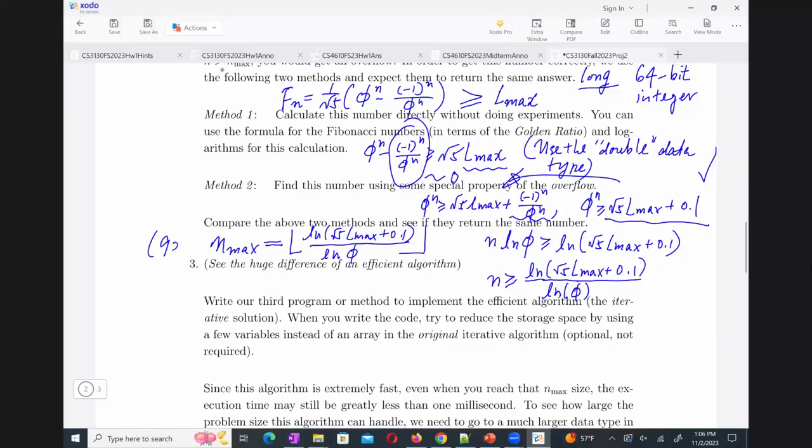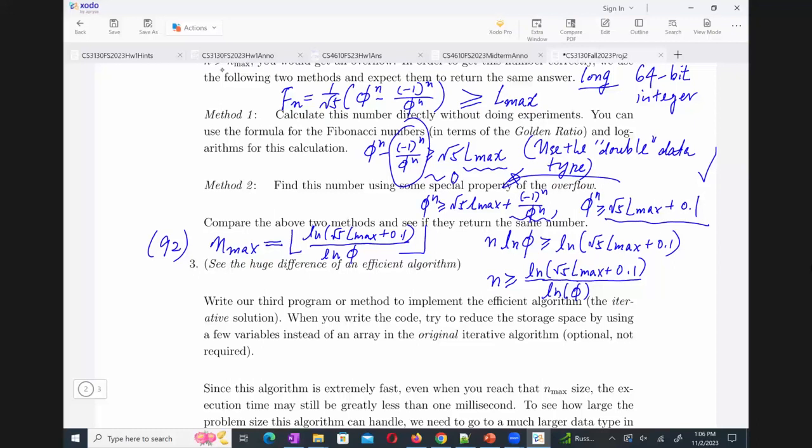The answer, this number, is 92. Not very big, only 92. That means at 92 you're fine, at 93 you get overflow. So that shows how limited the calculation is if you use a long integer.